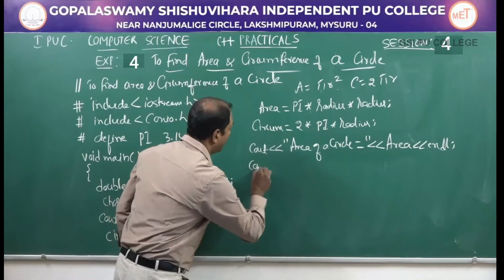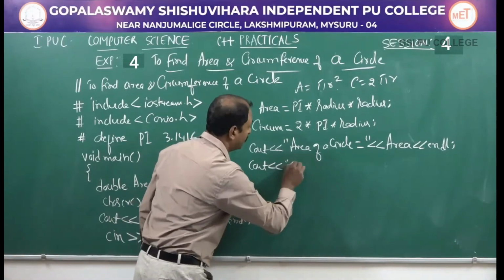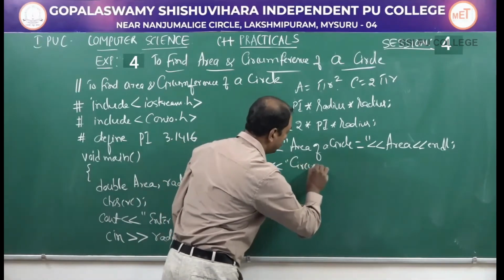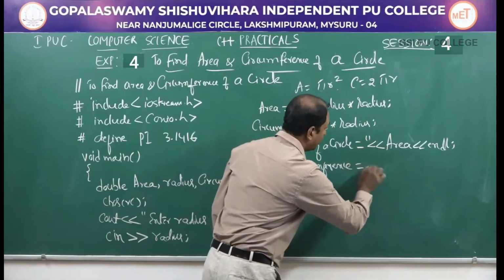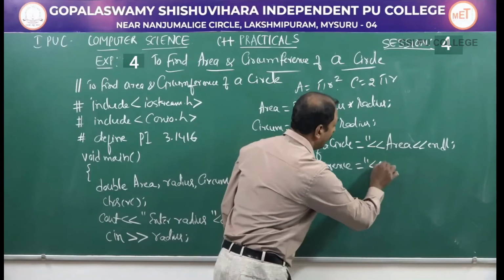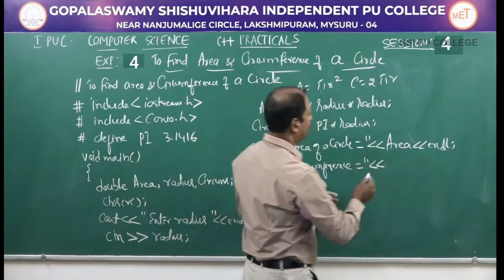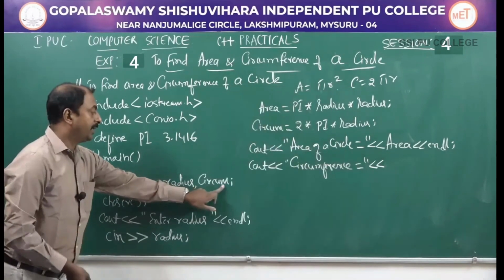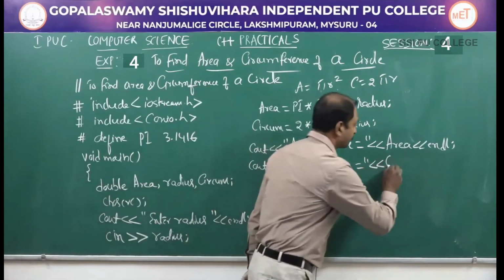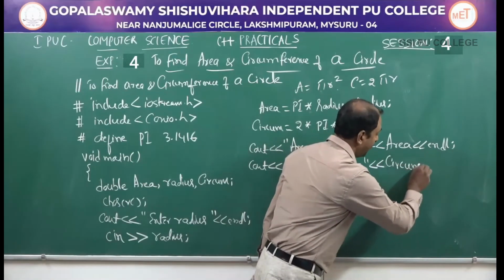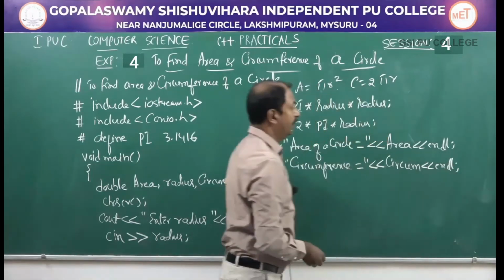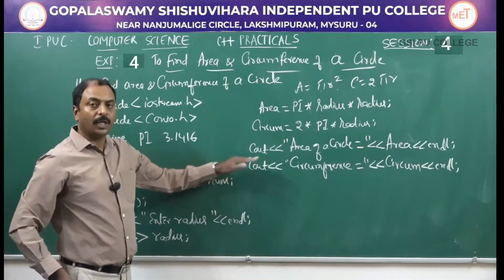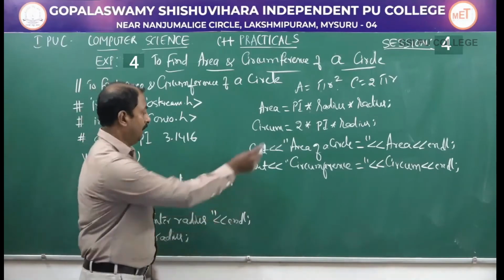Similarly, we have to print circumference: cout, circumference equals, close the quote, again this operator, and here the variable is circum, then endl.